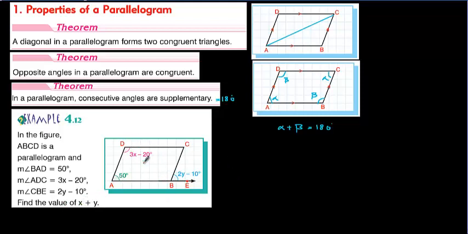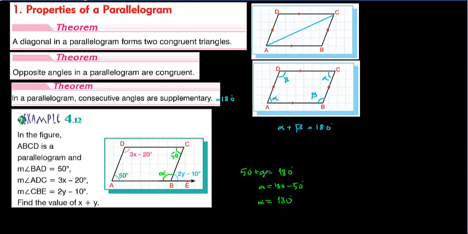Firstly, this angle is going to be 50 degrees, and I'm going to find this angle, let's say alpha. 50 plus alpha, two consecutive angles, is going to be equal to 180 degrees. So alpha is equal to 180 minus 50, which is 130 degrees.